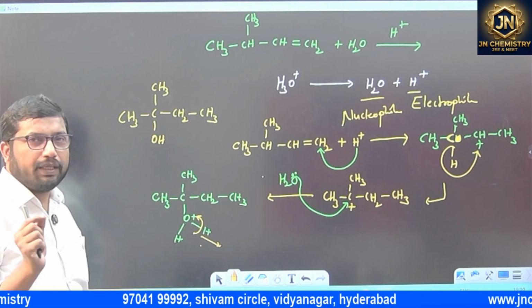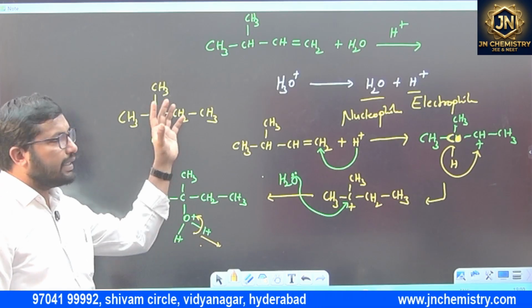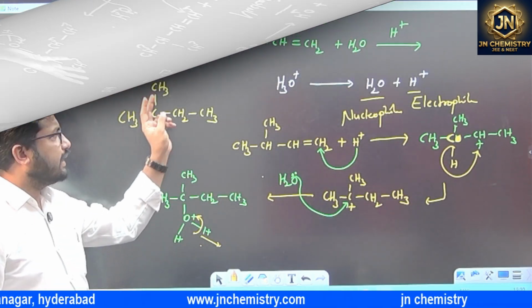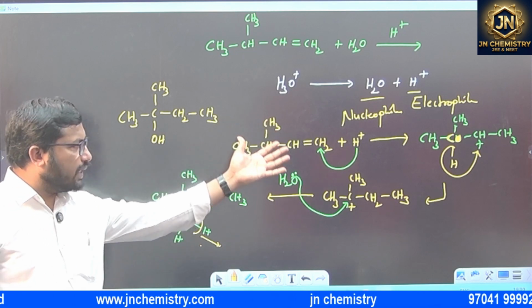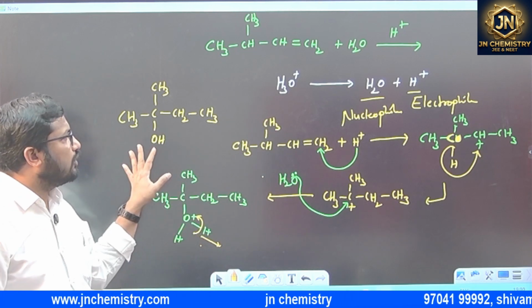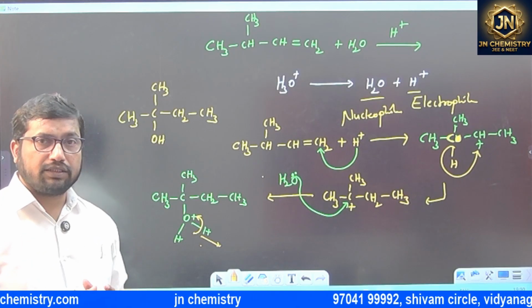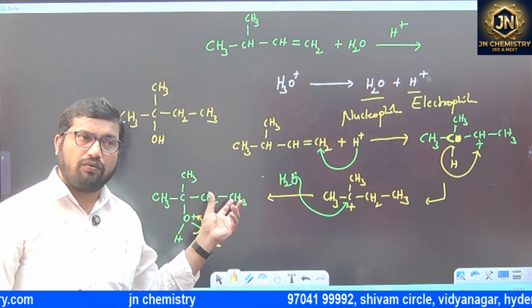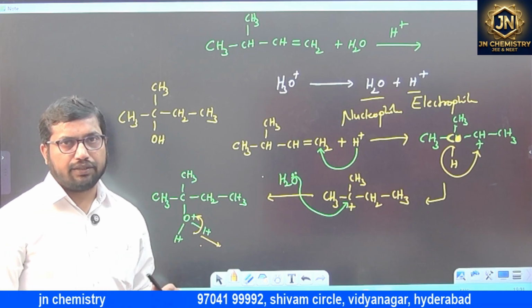Simply a bit of mechanism, this proton elimination is different, otherwise everything else is the same. Directly we can write H plus plus OH minus, but according to mechanism this is the correct process, we need to follow this one. But whenever we are writing the products directly, in the place of Br we can directly add OH. Clear? So write it down.